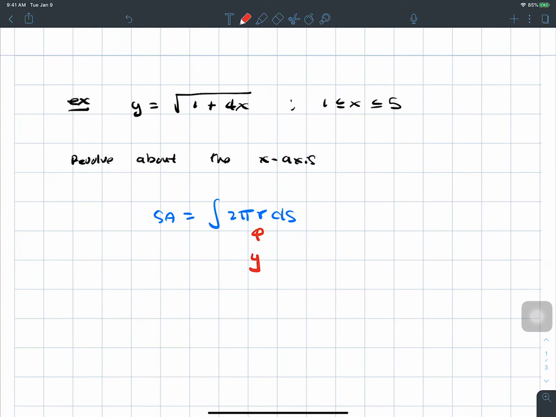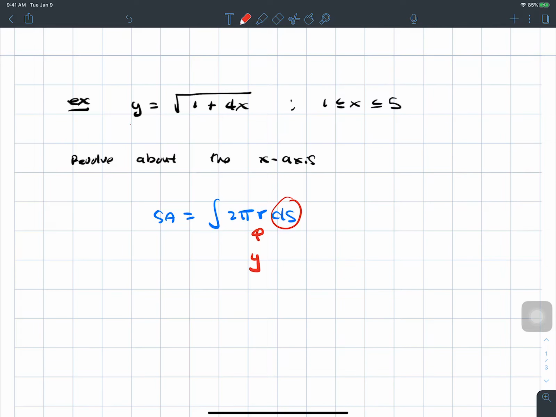Now, you might think ds will be the term that ends in dy, right? But it's not, because if you go back up here, we can represent y with the square root of 1 plus 4x. So because we can represent y that way, we get 2 pi square root 1 plus 4x.